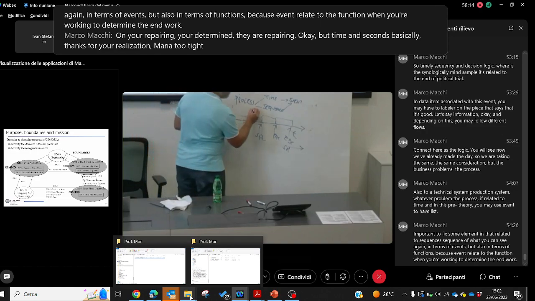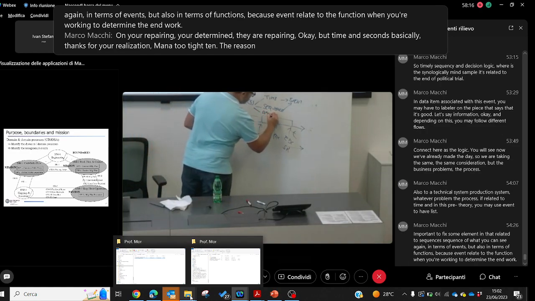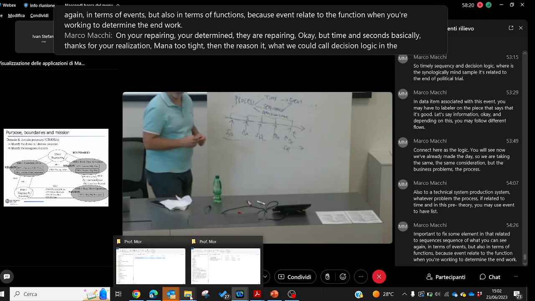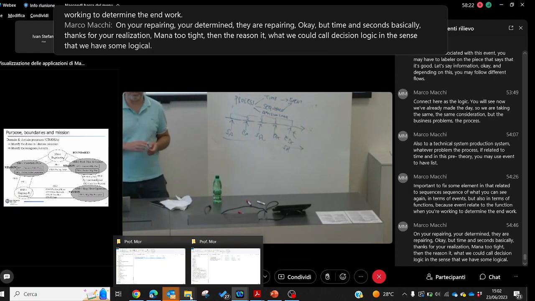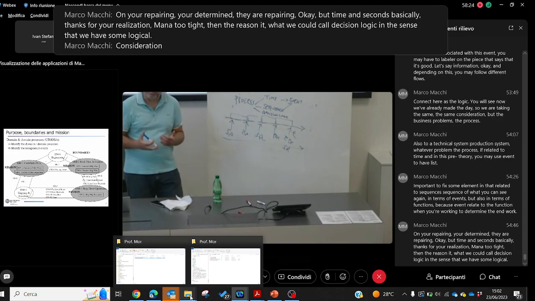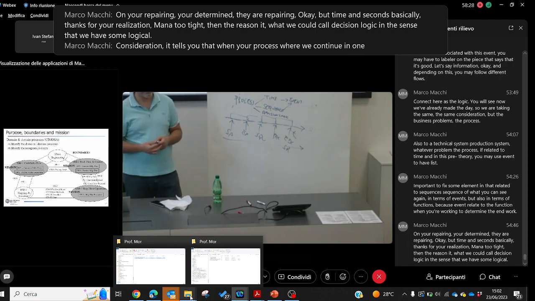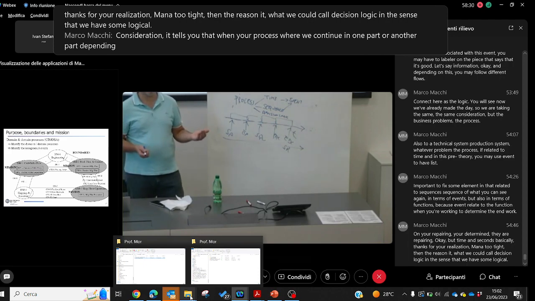Then there is what we could call decision logic, in the sense that you have some logical consideration that tells you that your process will continue in one path or another path, depending on what happened. Okay?